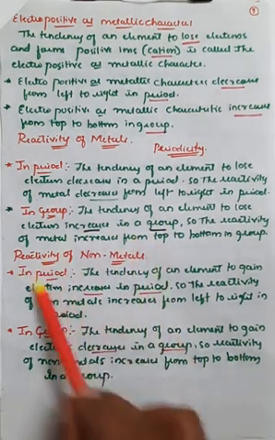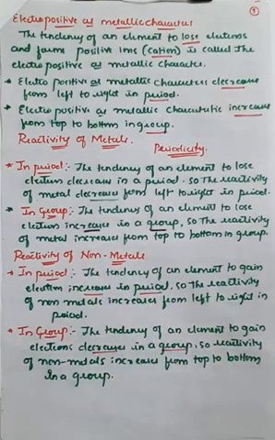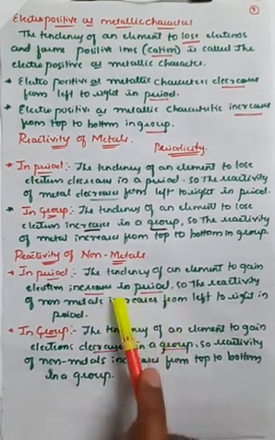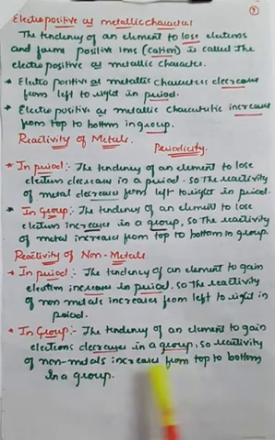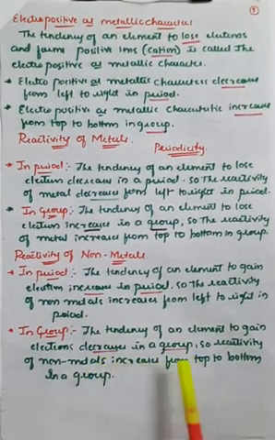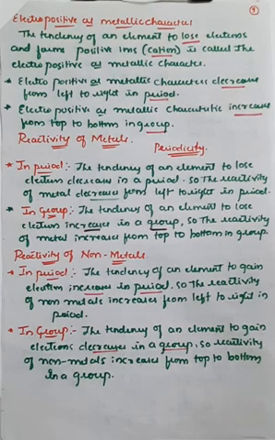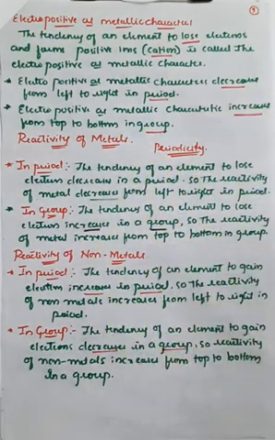But for reactivity of non-metals, the value increases in periods and decreases in groups. So this is the important comparison between the reactivity of metals and non-metals in the periodic table.